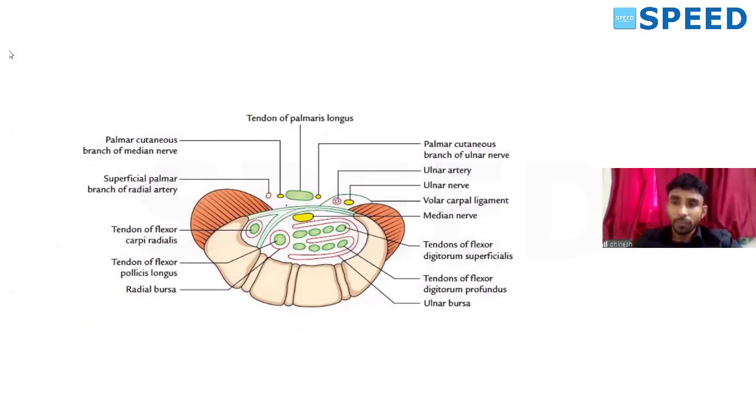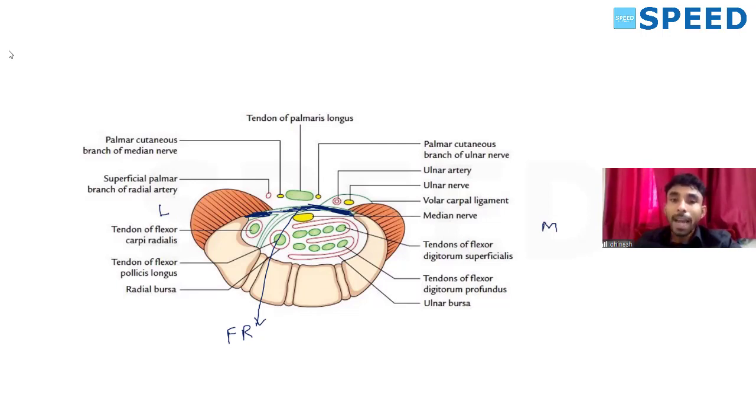See this diagram. This is the transverse section, or cross section, of the wrist showing the flexor retinaculum. This thick fibrous band I am highlighting is the flexor retinaculum of the wrist. This is the medial side and this is the lateral side of the wrist.